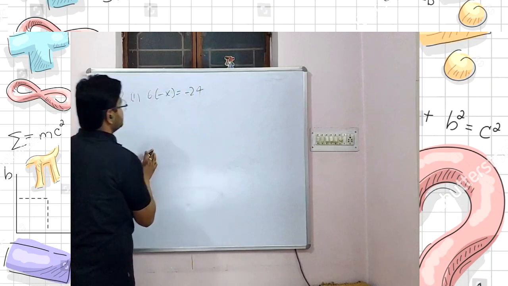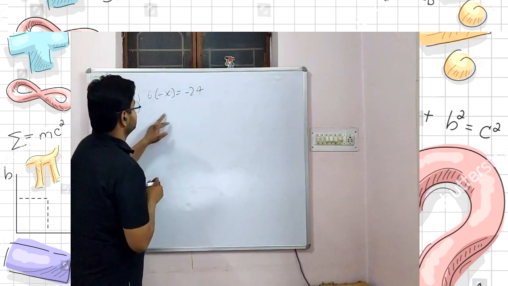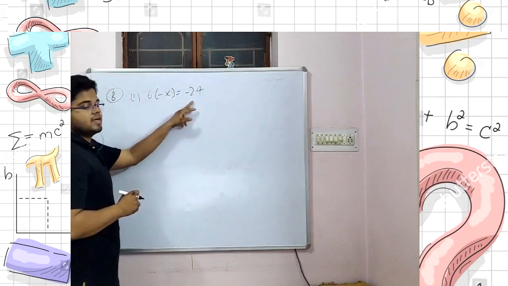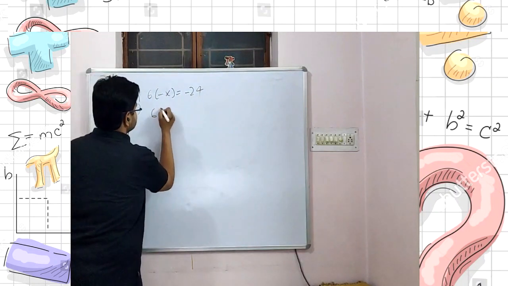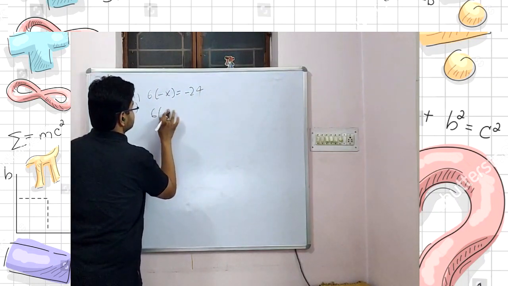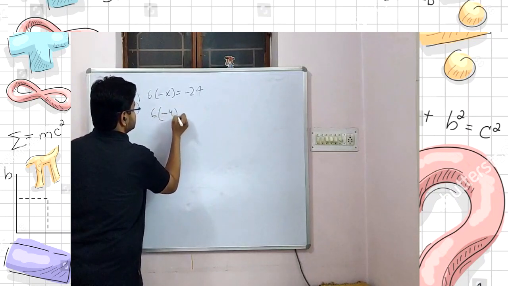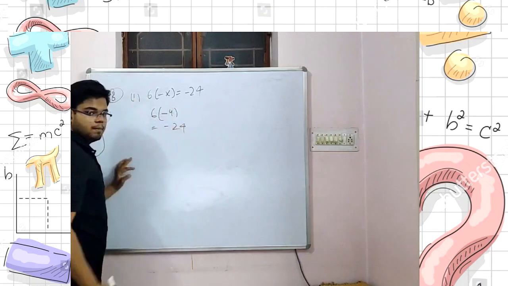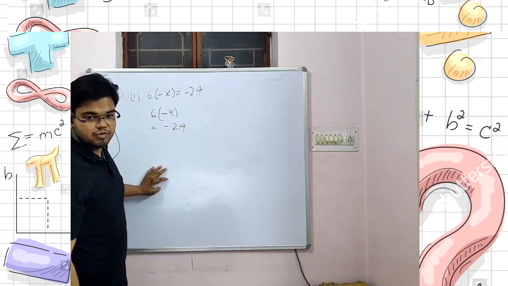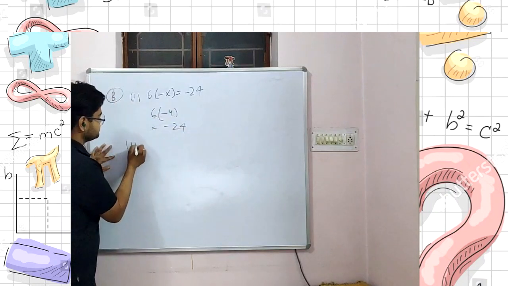So what can we put here as the value of x so that we can get minus 24? So we can put 6 into, instead of x, minus 4. So 6 into 4 is 24, but with negative sign it will become minus 24.